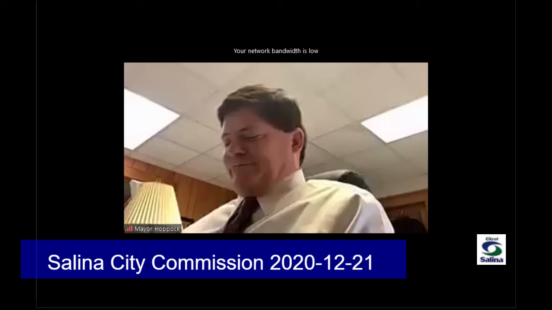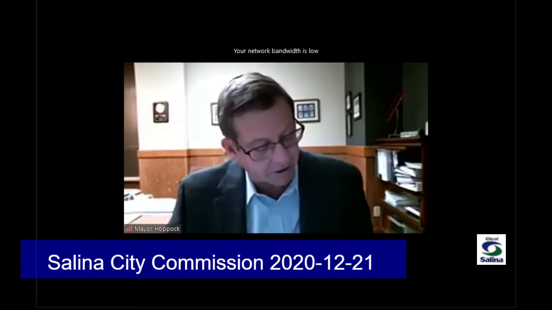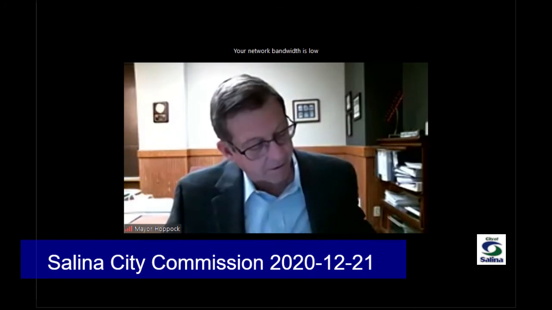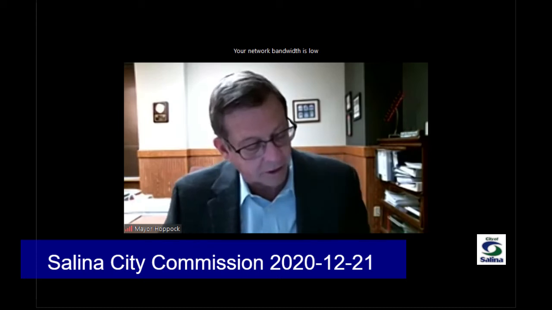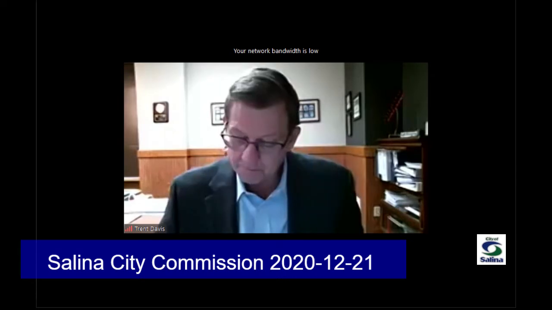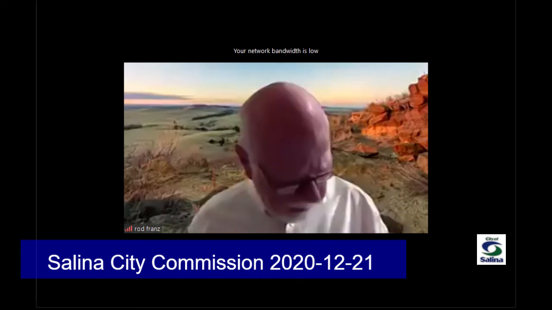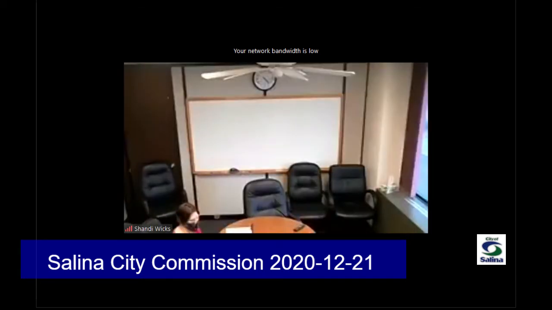We have a motion and a second to authorize the department to purchase the 8 heart monitor defibrillators and 18 AEDs from Zoll Medical, as approved in the 2021 sub-CIP budget. With that, we will have a roll call. Commissioner Davis, aye. Commissioner Franz, aye. Commissioner Hodges, aye. Commissioner Ryan, aye. Aye. Okay, that passes 5-0.